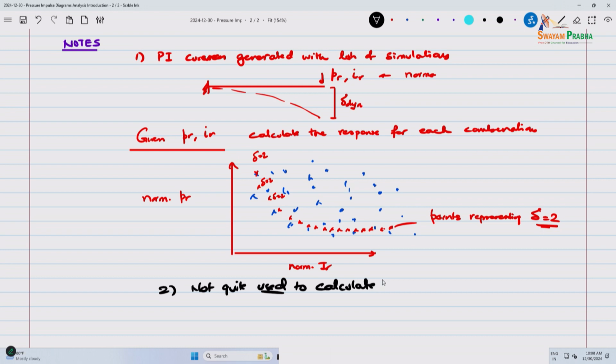In some cases, as Amit was mentioning, you can, especially if it falls in the flat ranges, but in other ranges it is not used to calculate or estimate. We can estimate deflections given a PR and IR.